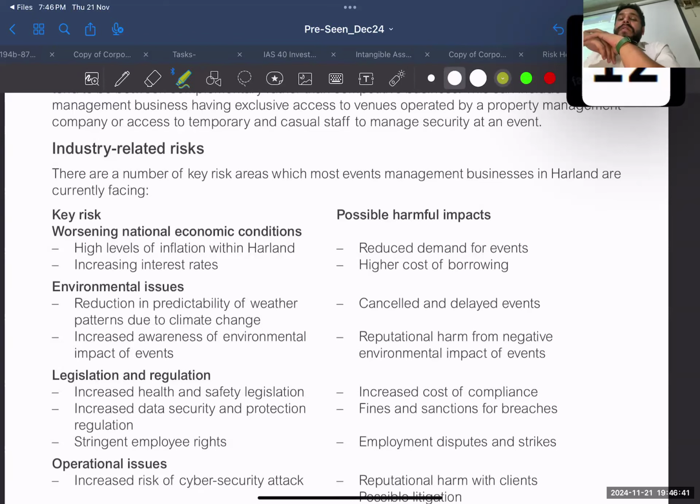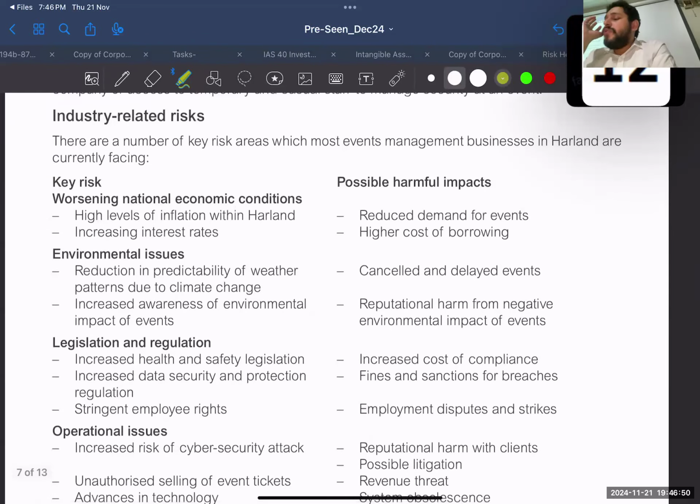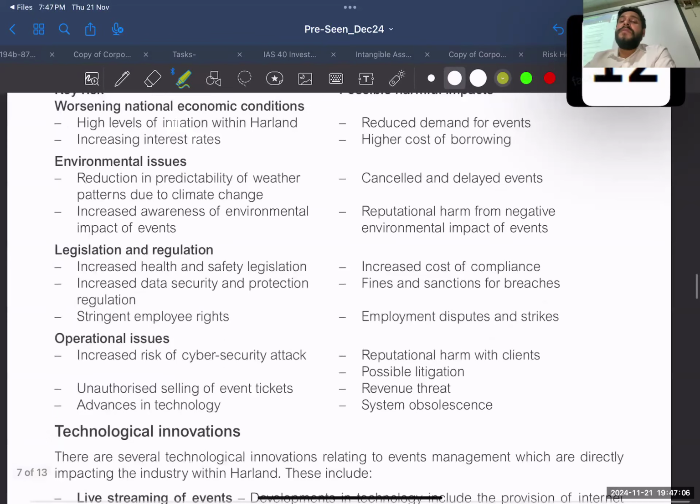Key risks: worsening national economic condition. Now, see, okay, they have provided you the possible harmful impact as well. So the only thing that is left is mitigating factors. So there may be a possibility. Just look at the number of risks.